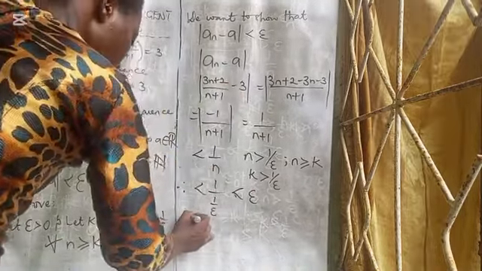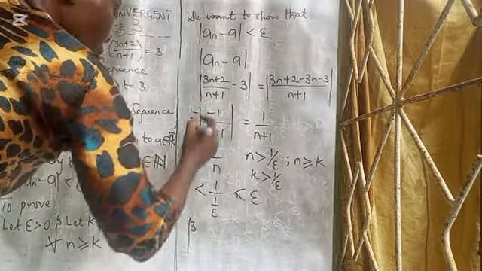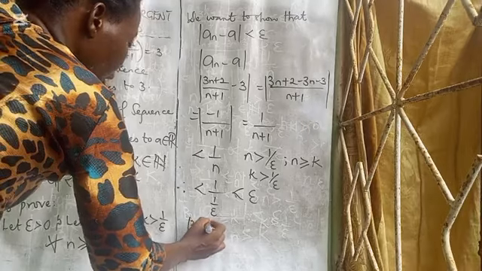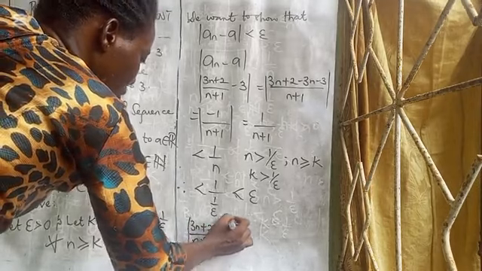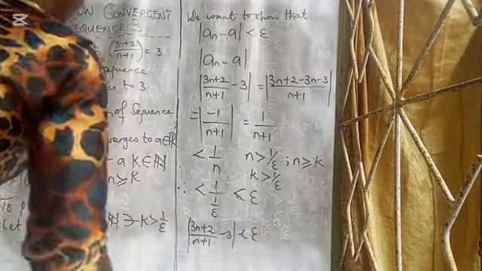Therefore, the magnitude or the absolute value of 3n plus 2 over n plus 1 minus 3 is less than epsilon.